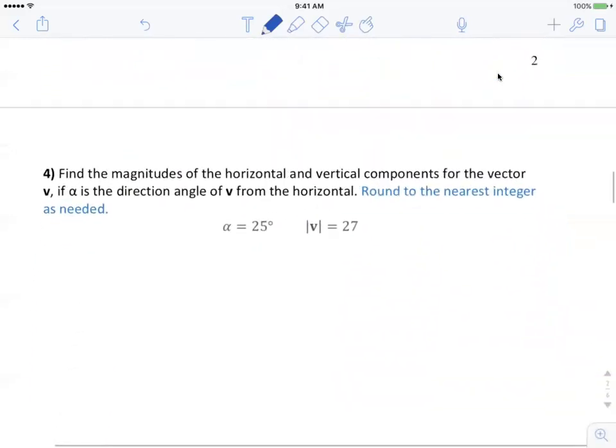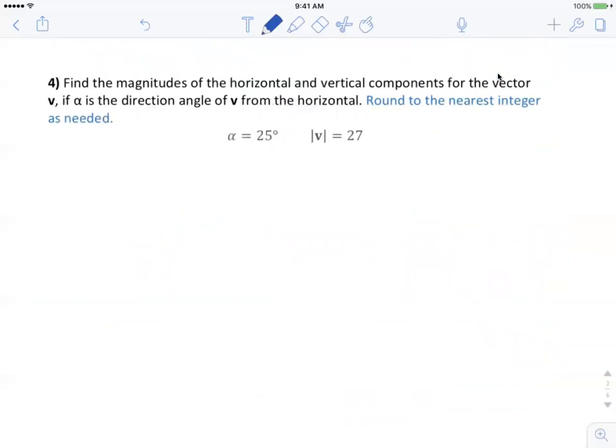Okay. All right. We're moving along here. Let's try another one. Here, where we probably don't have exact values, we'll have to use the calculator. You know, on these, you don't even really have to draw them. You just go right to the formula, right? So even though it says find the magnitudes, that's just the same as finding the components, right? So those same formulas, right? My A is going to be 27 cosine 25 degrees, right?